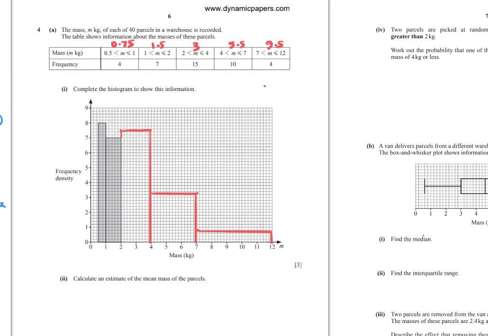Now to find the mean, multiply the middle value by the frequency for each group, then divide by the total frequency, which is 40.